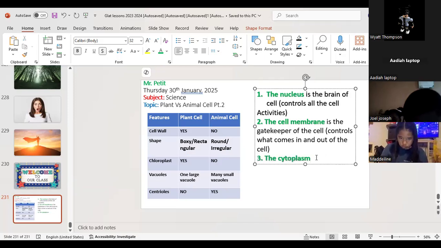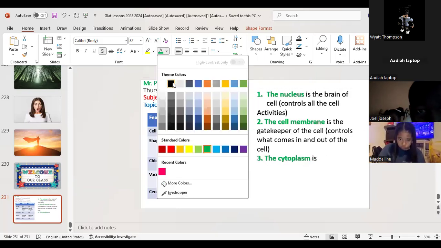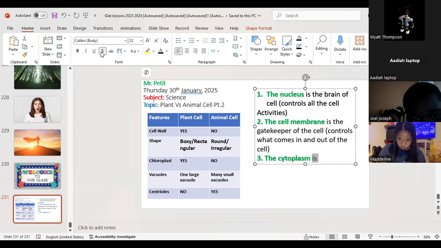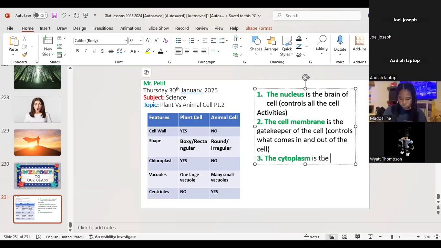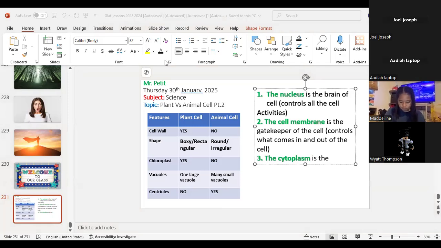It holds stuff, like a factory. No, that's the vacuole. The cytoplasm is the what? A jelly-like substance inside the cell where all parts float around.